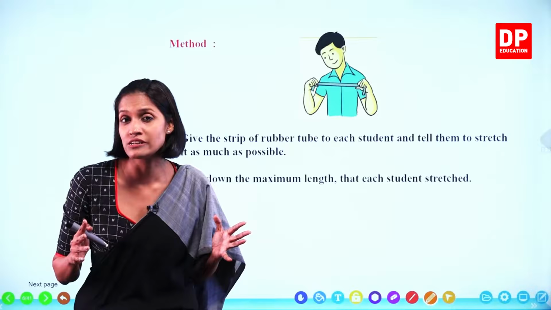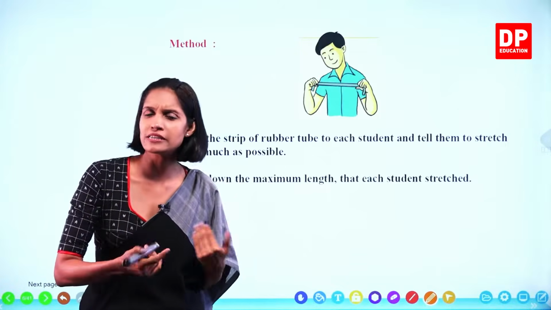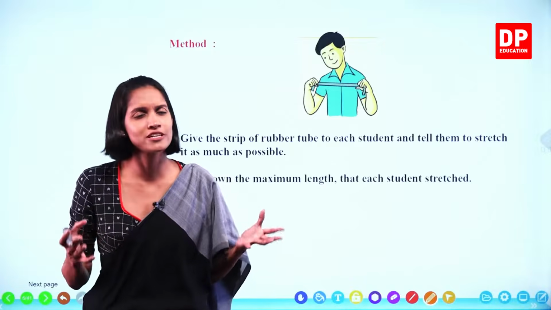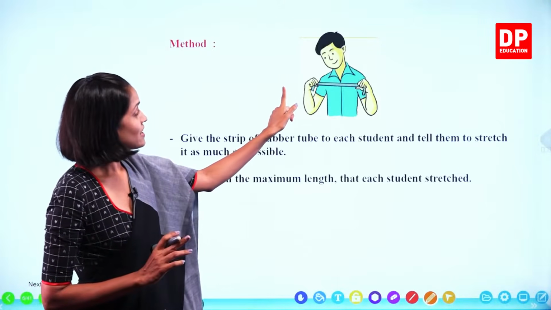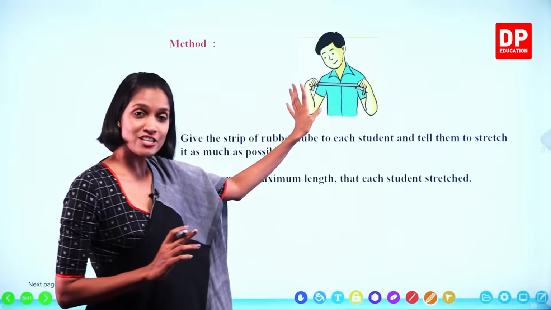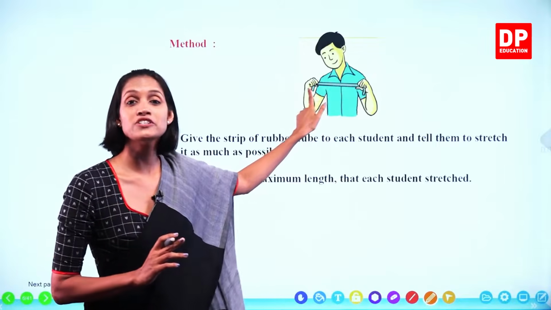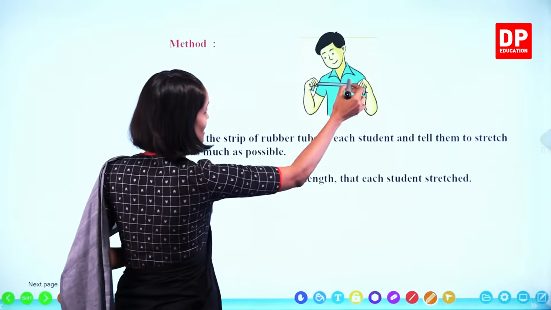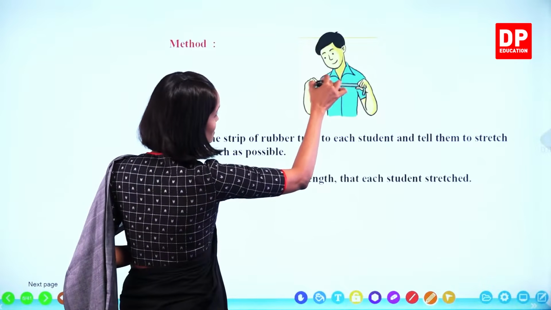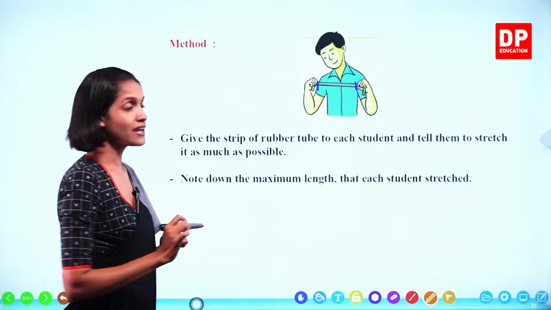There are some children who can stretch it very well. There might be some other children who cannot stretch it that well, right? However, when each student stretches this, using the meter ruler, you need to measure the length, which means now when you consider this child, he is stretching this band this much, you all can see, right?